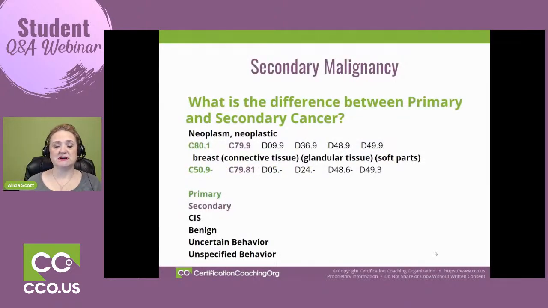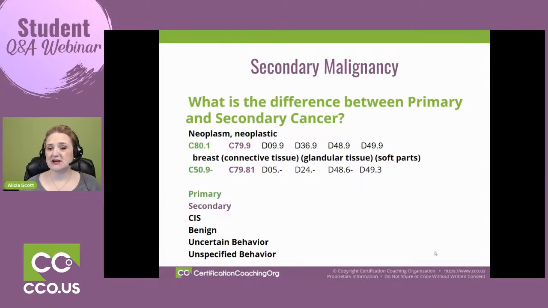The first thing we're going to talk about is actually what's the difference between primary and secondary cancer. The best way to do this is to take a very, very common cancer that everybody is aware of, and that would be breast cancer. So if we look at the neoplasm table, and again, we have education on the neoplasm table.